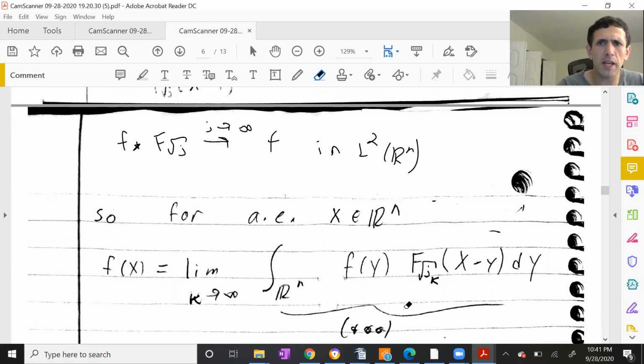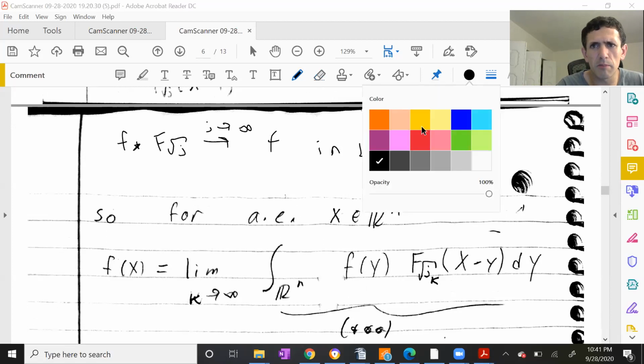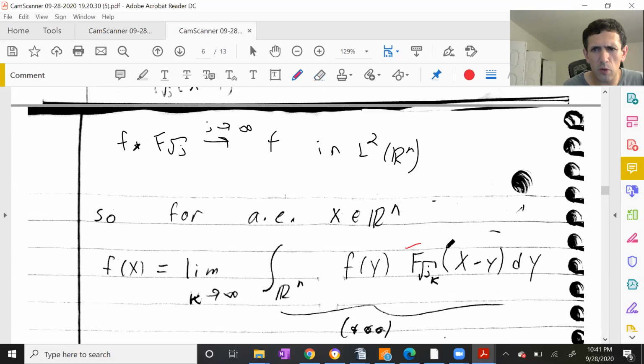Let's dump in the Fourier transform. Remember I mentioned a minute ago that this whole thing here is equal to Gjk inverse Fourier transform of x minus y.